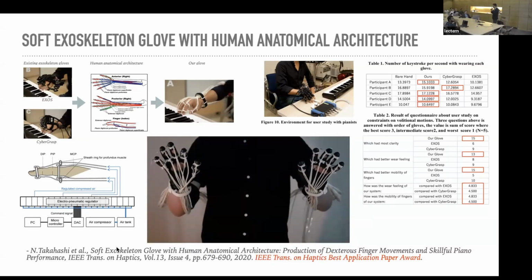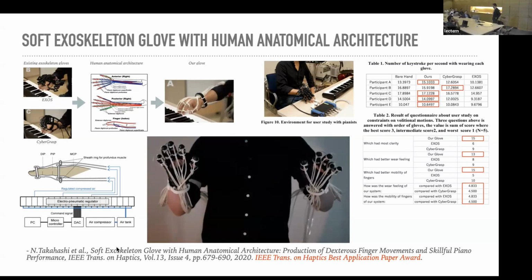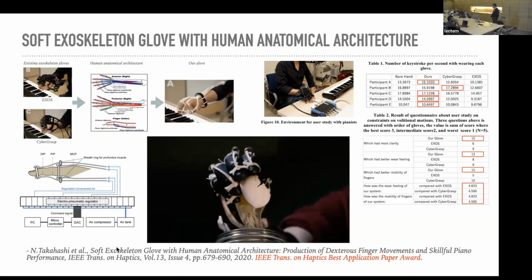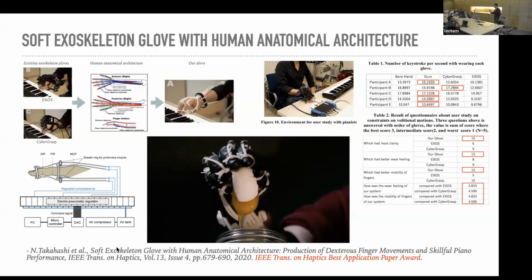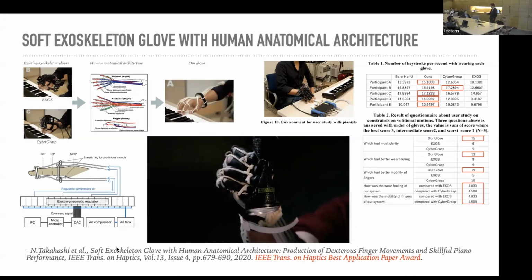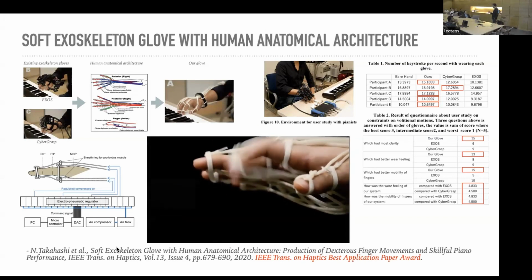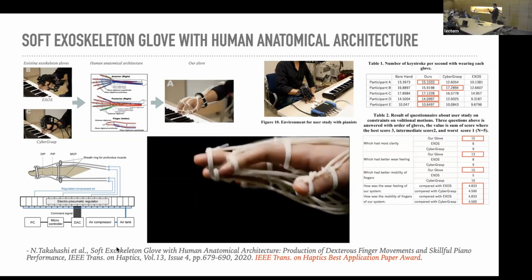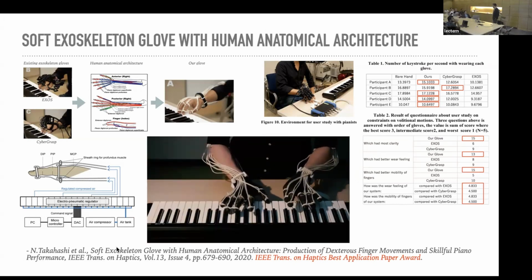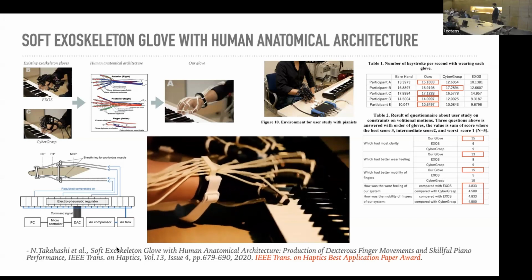It can push your fingers and pull your fingers. This is a demo video. We do not want to give such a force. Our aim is to teach the poses or timings to each finger.